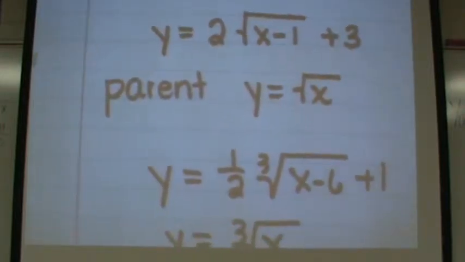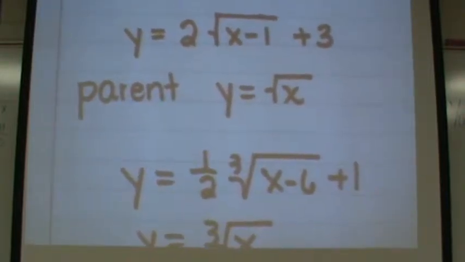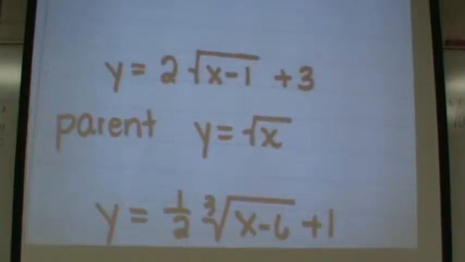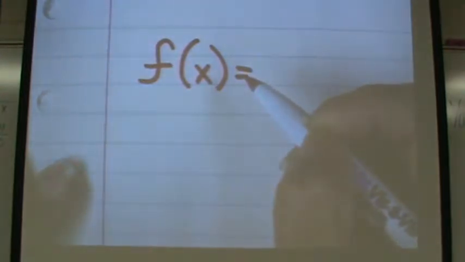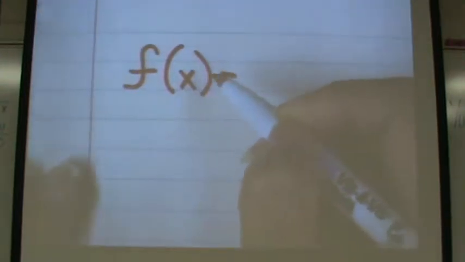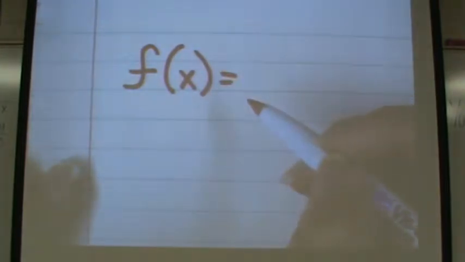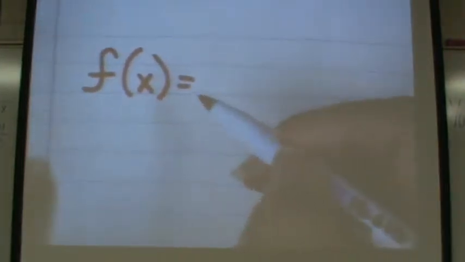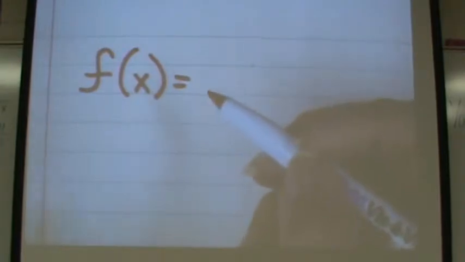So let's take a look at this. And actually, I'm going to give you a little recipe here. I want you to write this down somewhere on your paper. This is going to be very important. Write it on either one at the very top, or you might want to take out a separate sheet of paper and write some of this stuff down. It'll be very, very helpful. I will grab a sheet of paper and write this stuff down.